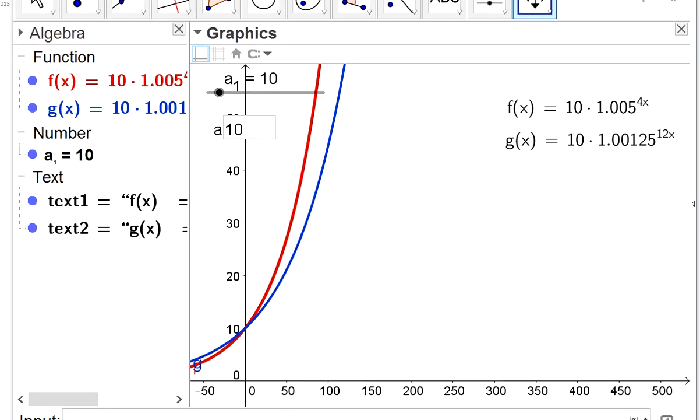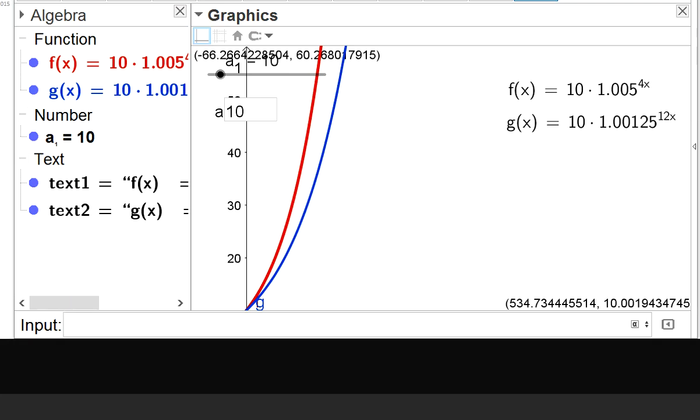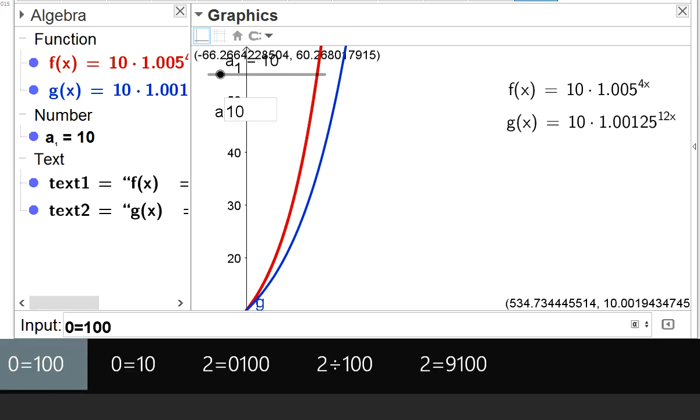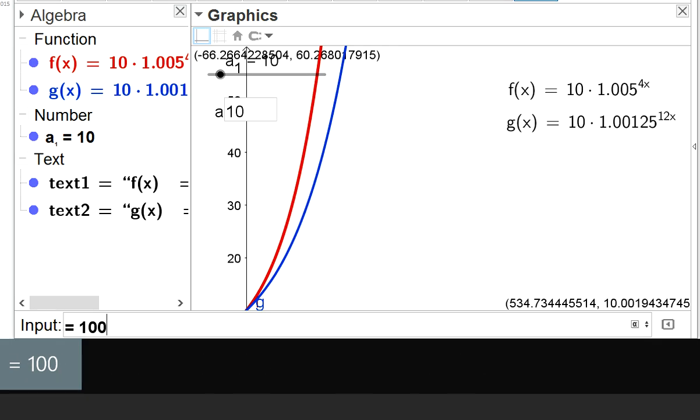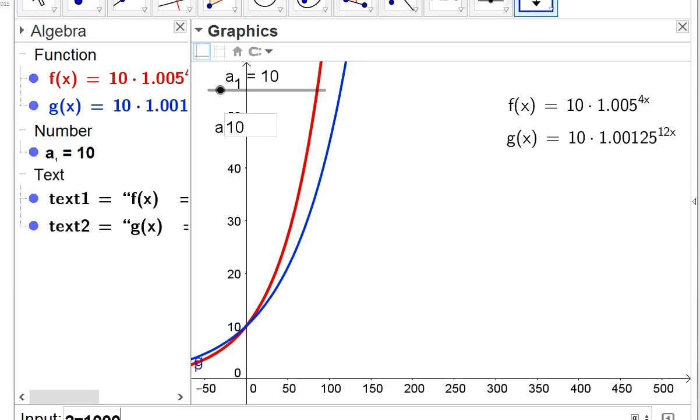If I want to look at that, I can graph the line x equals 100. Sorry about this. X equals 100, and of course, it's not going to see that as an x. No. Let me use the actual keyboard.